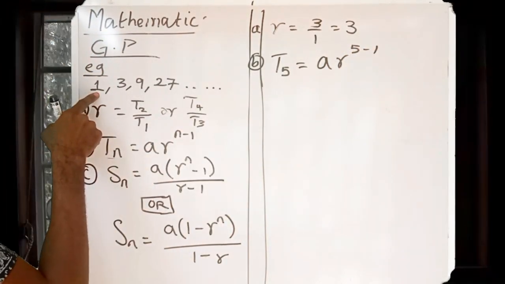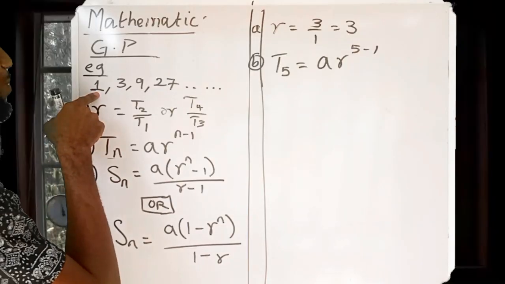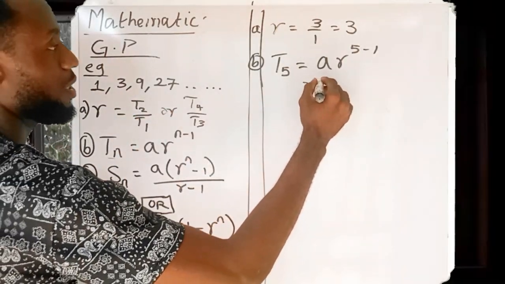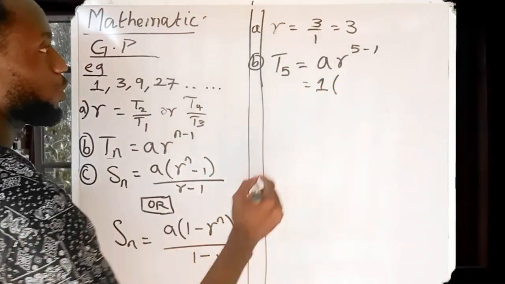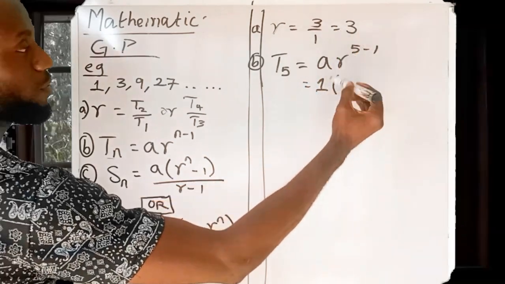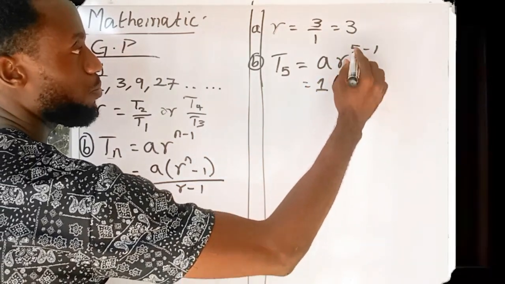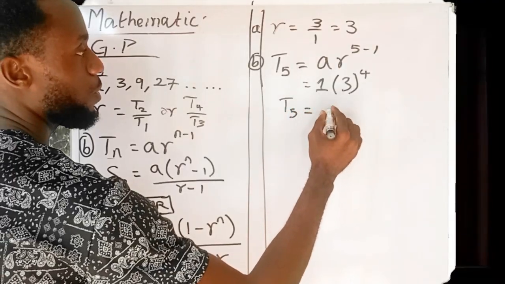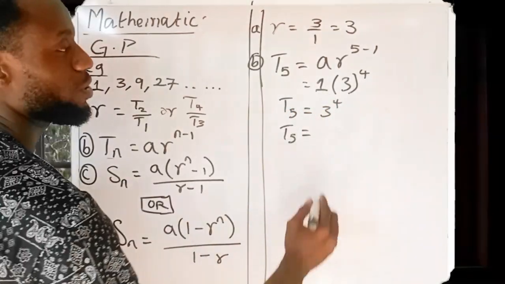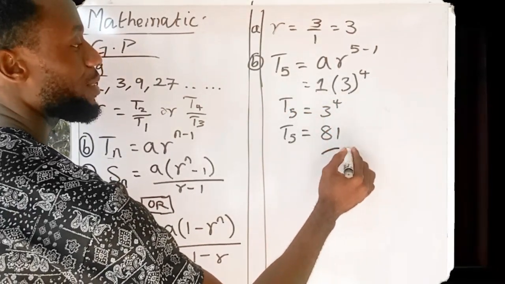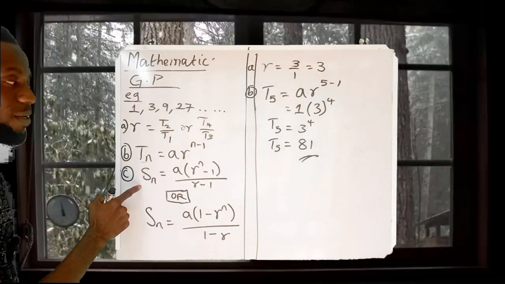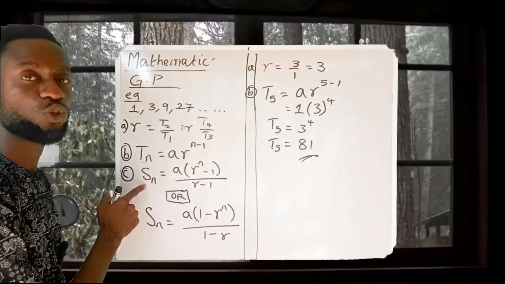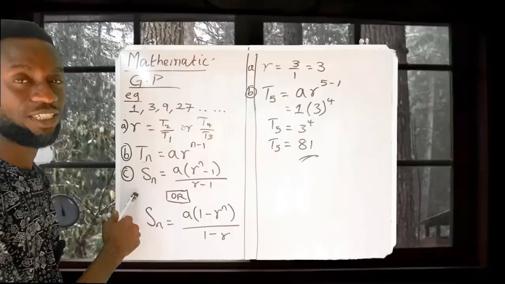What is A? A is the first term in the question. So this question has 1. That means 1 is the first term, into the common ratio, which we have solved as 3, raised to the power of 5 minus 1 is 4. So our fifth term becomes 3 raised to the power of 4, 81.